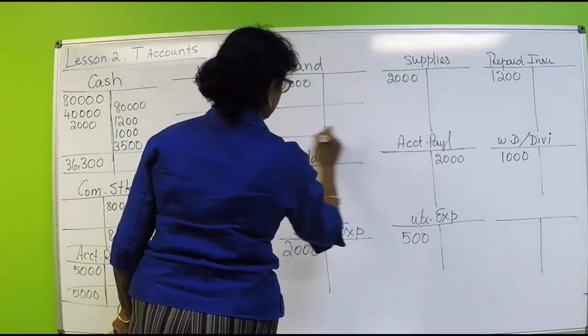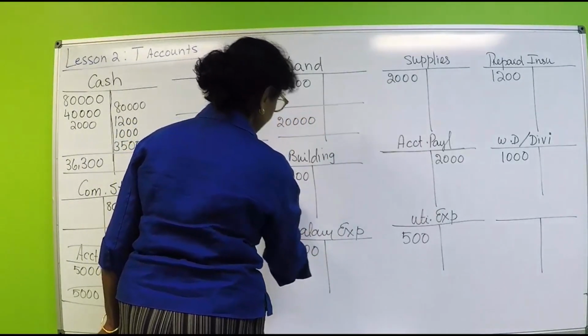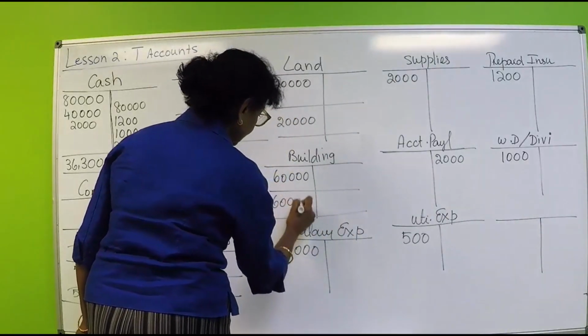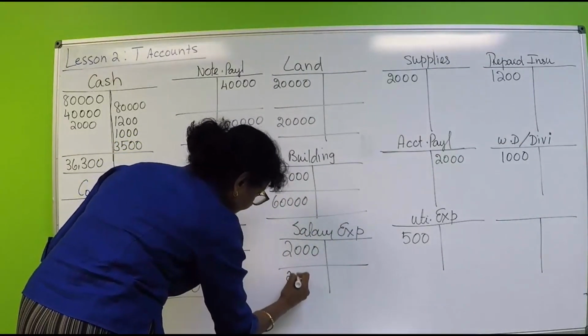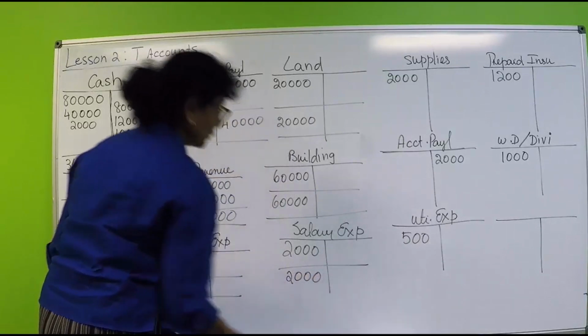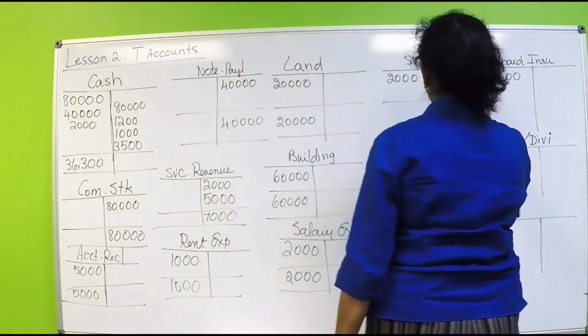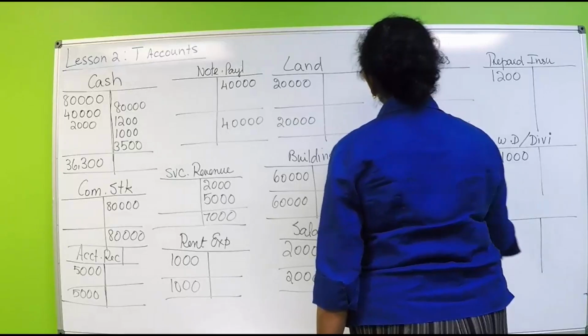For land, the balance is 20,000. For building, the balance is 60,000. Salary expense, the balance is 2,000. And for supplies, the balance is 2,000.